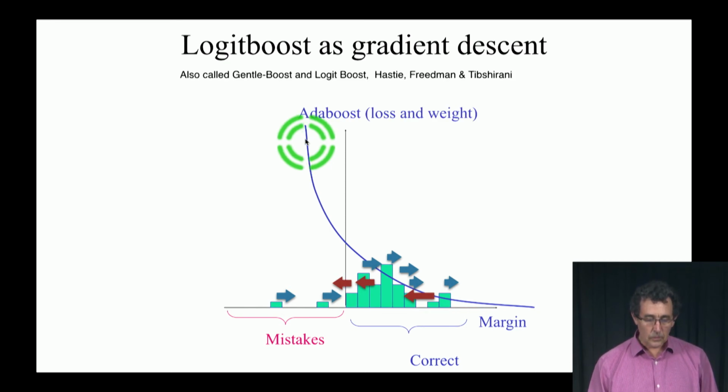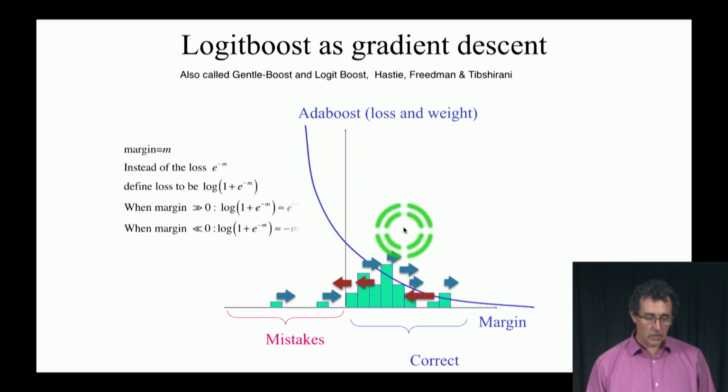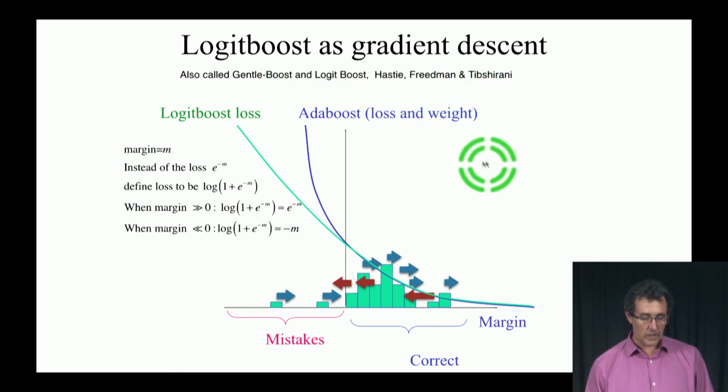And here is some of the math to describe that you can go on and watch offline. So there are different potential functions that have been devised. One is AdaBoost that has a loss and a weight that are both exponential. And then there is LogitBoost that was defined as gentle boost by Hastie, Friedman, and Tibshirani.